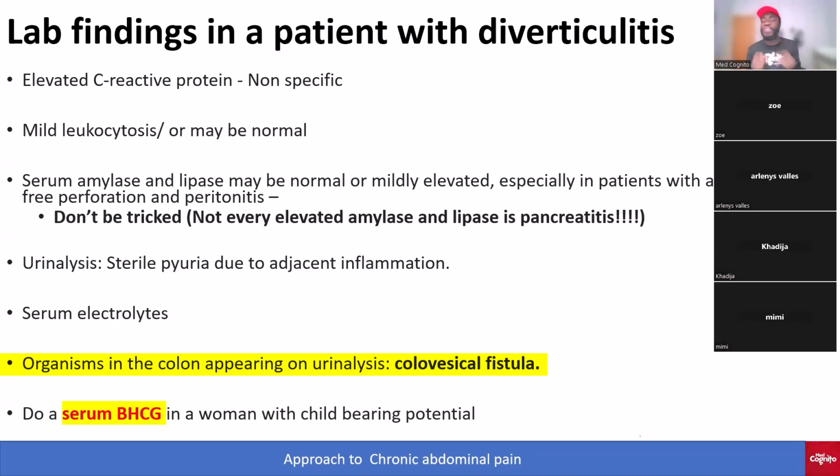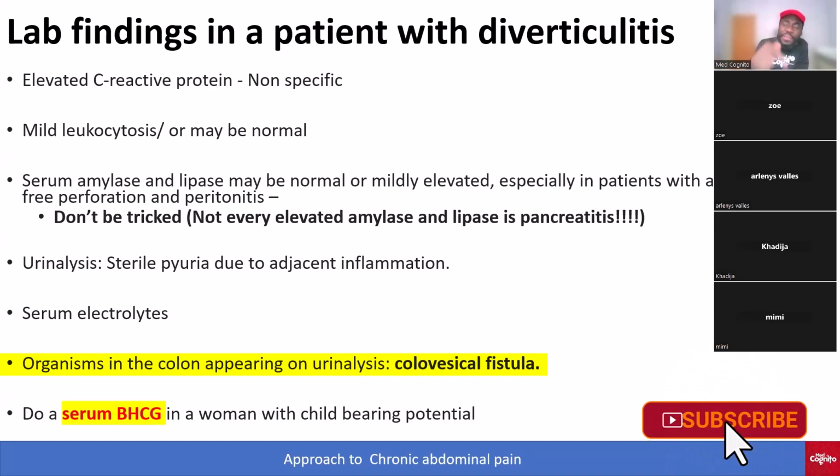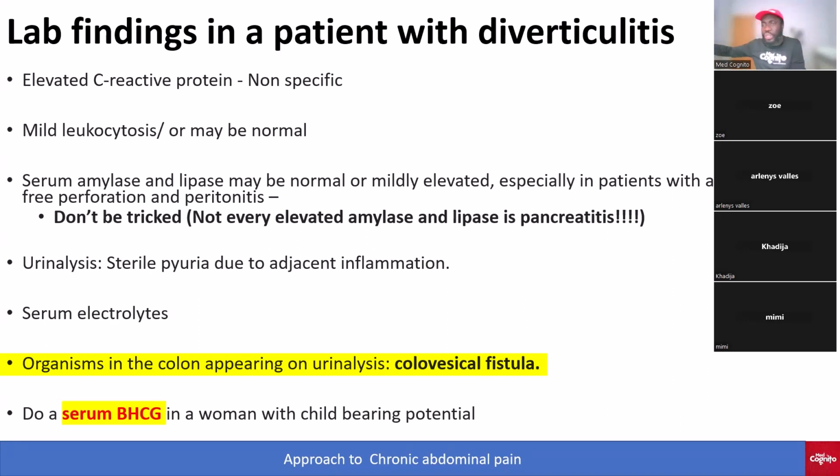If you notice that, then you are thinking about the fact that there's a fistula between the bladder and the colon. So if you start seeing organisms which should solely be seen in the colon in the urine, it should alert you that, look, this patient may have a colovesical fistula as a result of diverticulitis.